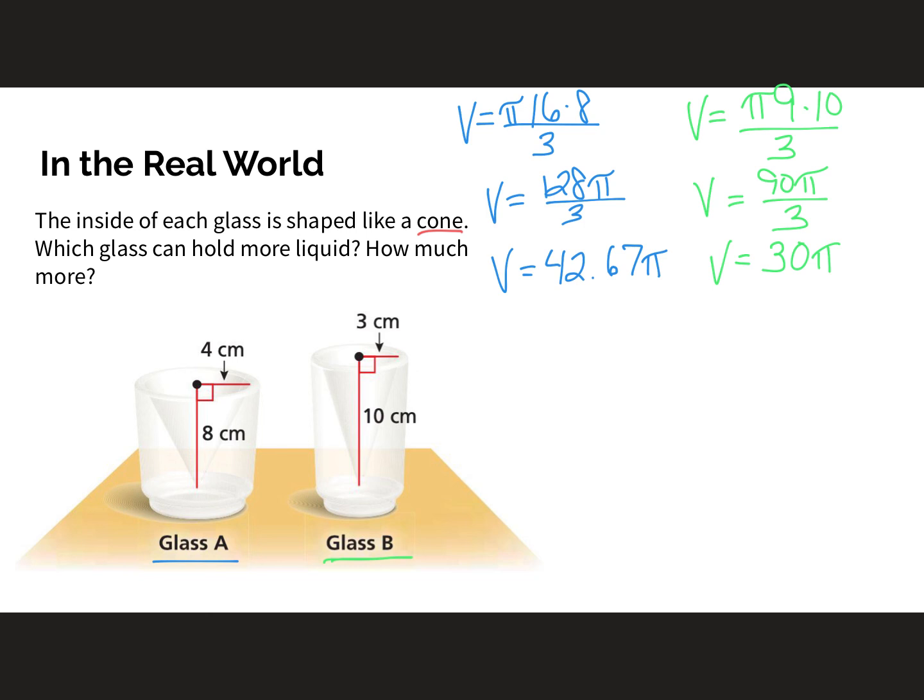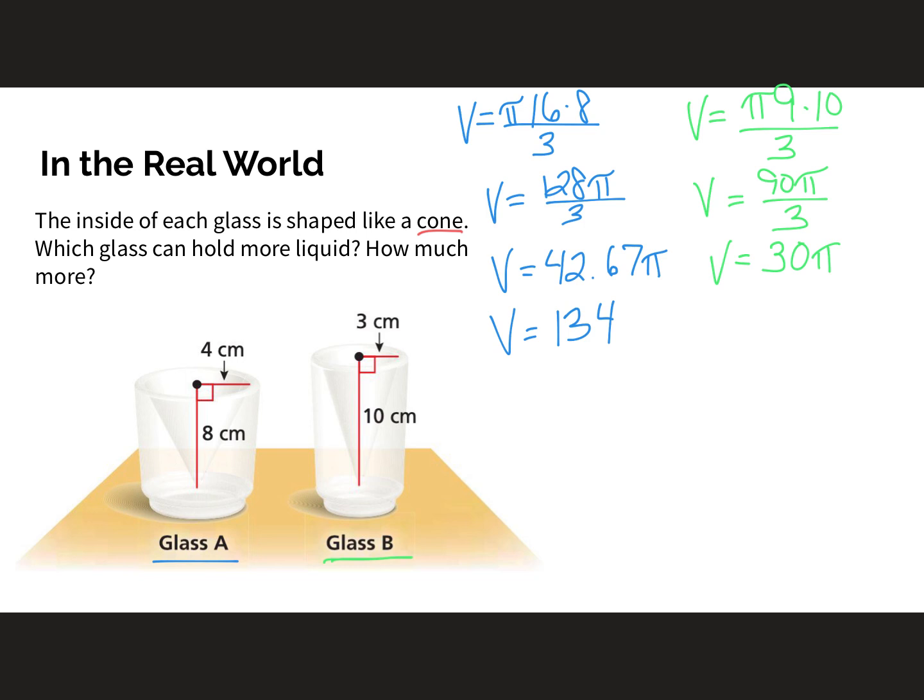And to find out how much more, we can just subtract them. So let's go ahead and estimate each of these. This volume here is 42.67 times 3.14, which gives me 134. This time we're going to do the whole numbers.